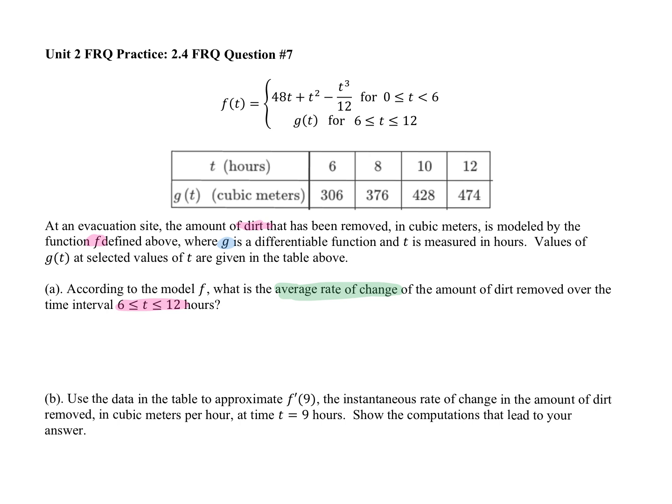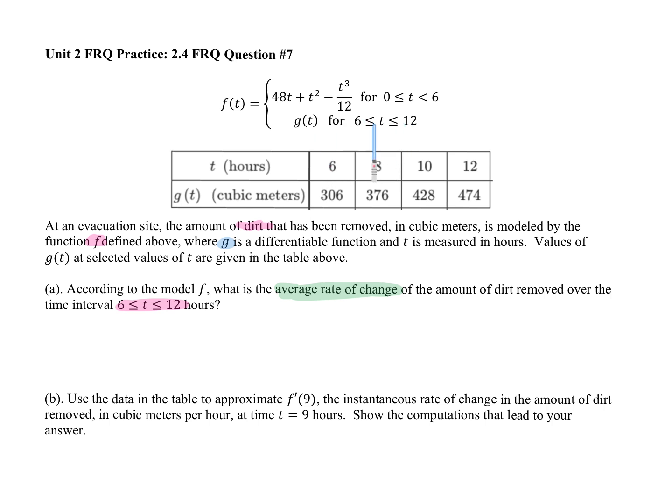Values of G of T are given in the table above. Interesting. Okay. Find the average rate of change of the amount of dirt removed according to F from 6 to 12.